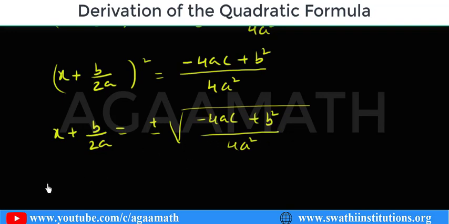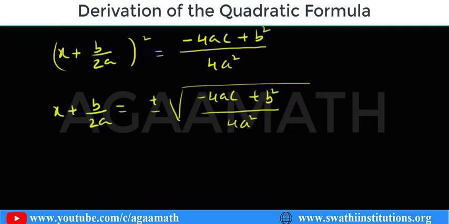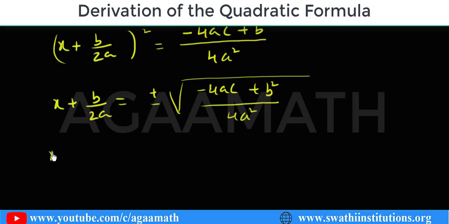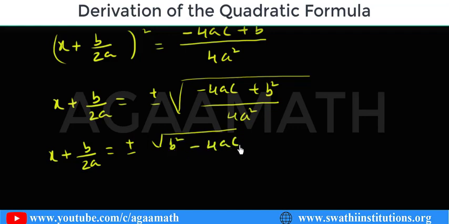So this is written as x plus b by 2a equals plus or minus under root b square minus 4ac by 2a, because under root 4 is 2 and under root a square is a. We just changed the order, that is b square minus 4ac.